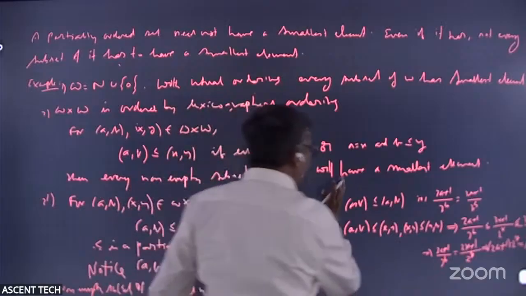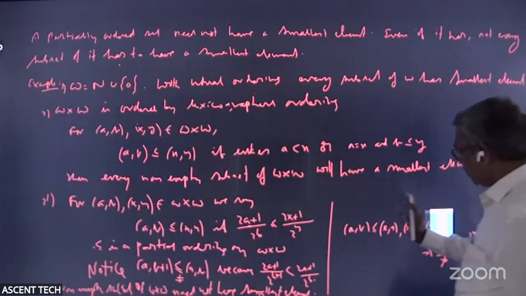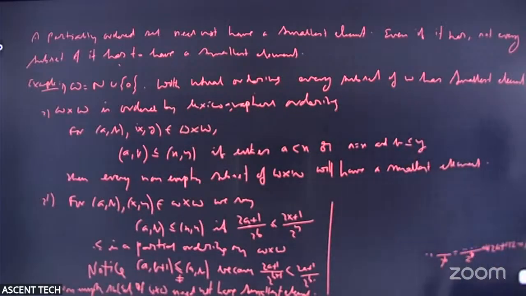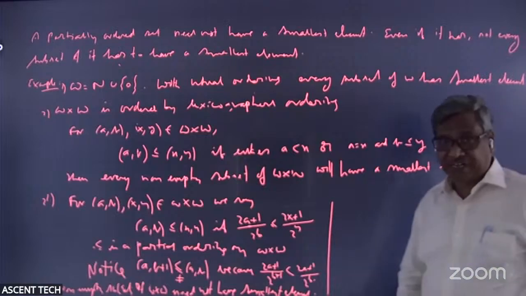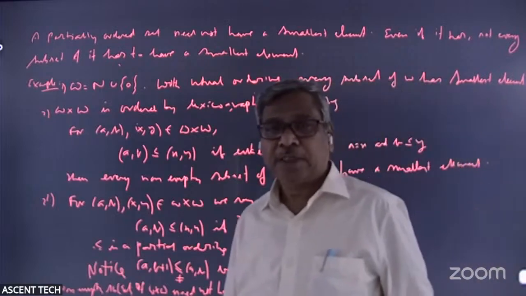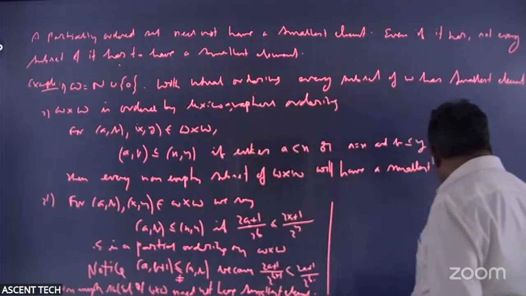Now, what I'm going to say is, I say a set is well ordered if every subset of it has a smallest element. This is the definition of well-orderedness.